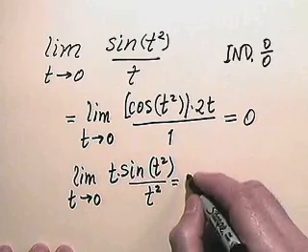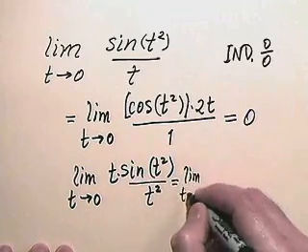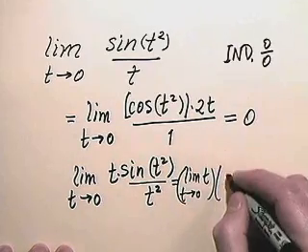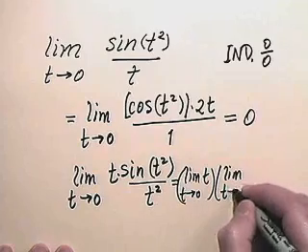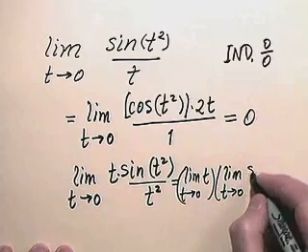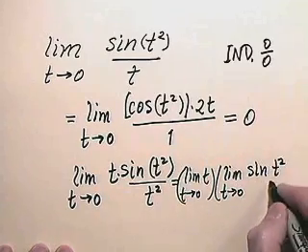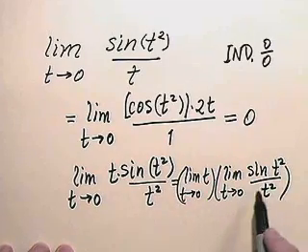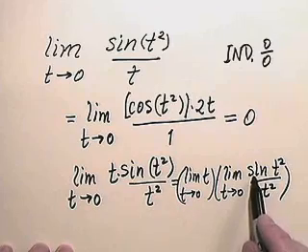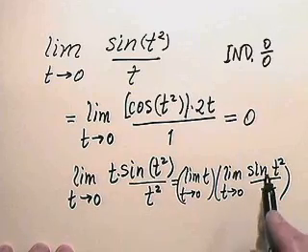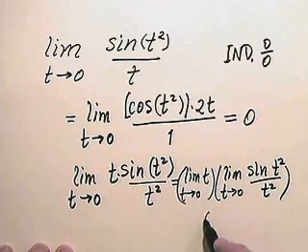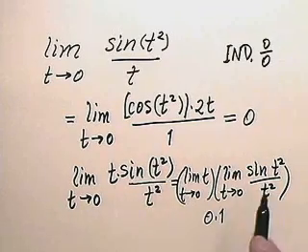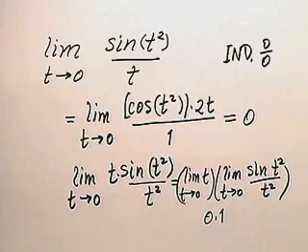And so that would be the limit as t approaches 0 of t multiplied by the limit as t approaches 0 of sine t squared divided by t squared. As t approaches 0, t squared approaches 0, so sine t squared over t squared goes to 1, but here we have 0, so the answer is 0 times 1. Still, it's a little more work here than just using L'Hopital's rule.